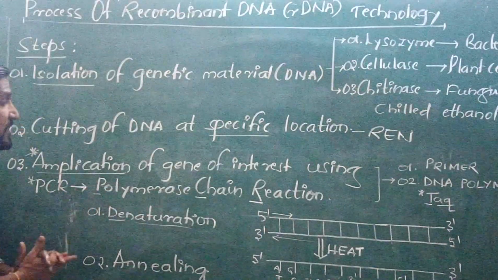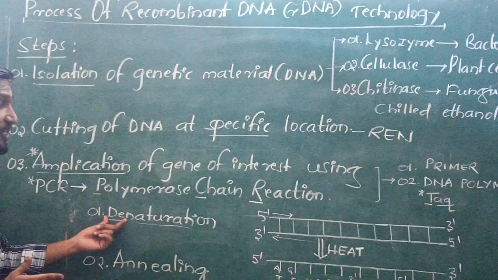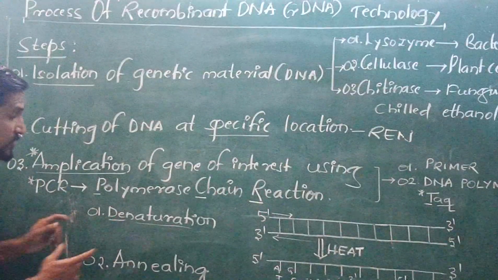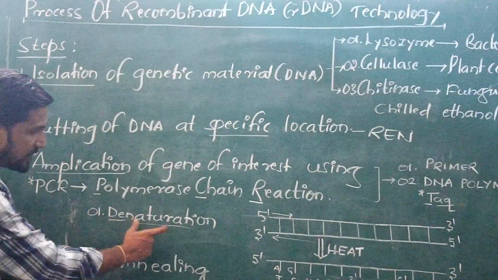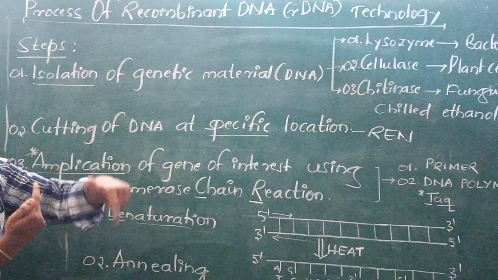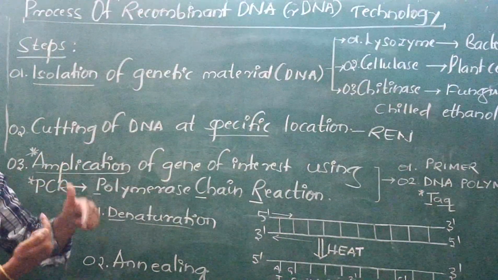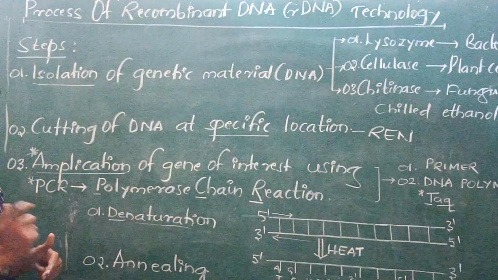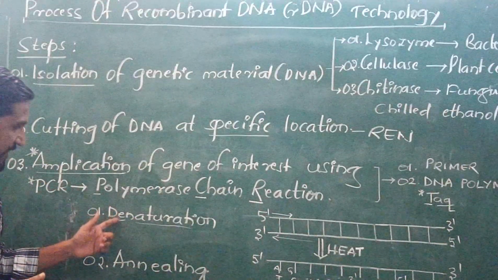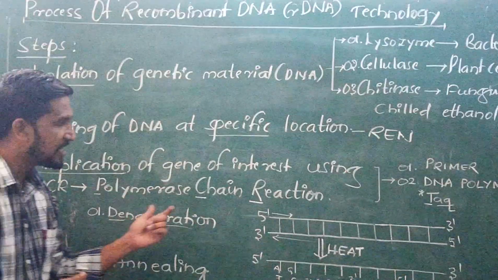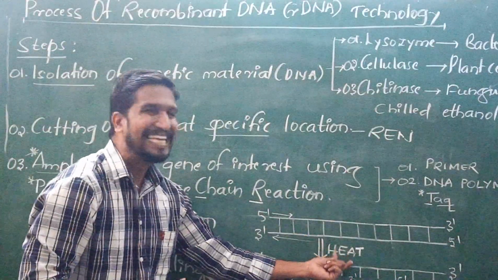During this, denaturation is the first process. Denaturation means the nature of DNA is disturbed. What is the nature of DNA? Double-stranded and helically coiled is the nature of DNA. And that should become denatured. That is called denaturation. It takes place using heat.